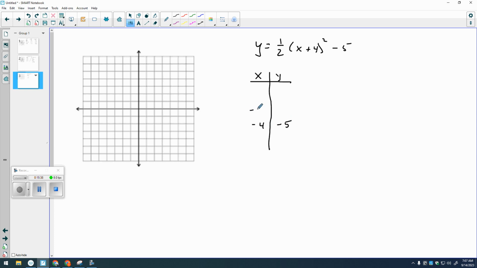So now I'm going to do -5, -6, -3, -2. Plugging in -5: -5 plus 4 is -1, squared is +1, times a half is a half. So at -5 it's 0.5. And this one, -3, has to be the same.